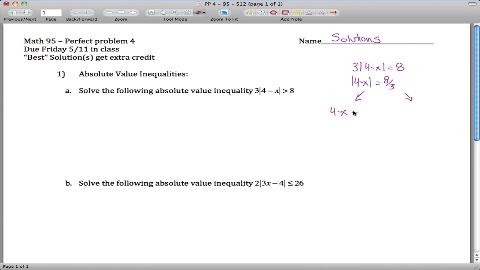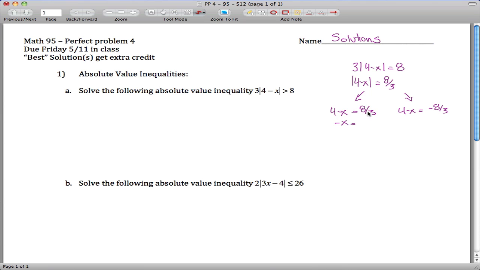4 minus x equals 8/3 or 4 minus x equals negative 8/3. So let's see here. I guess you could subtract 4 from both sides. 4 is the same as what? Negative 4 is negative 12/3.